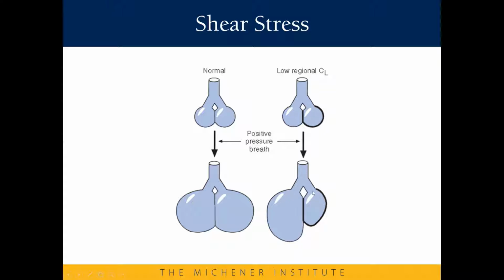It will also try to inflate the alveoli with poor compliance, and it will inflate a little bit. And some gas might actually get forced through the pores of Kohn and cause more inflation in this normally compliant area. And as a result, this black line here, you're getting the shear stress between the two, which is where the injury can occur between the two units.